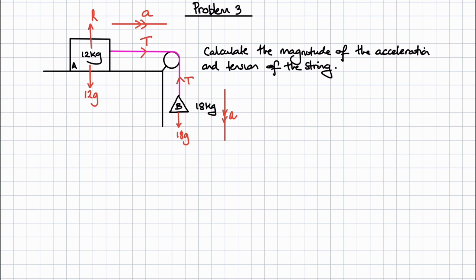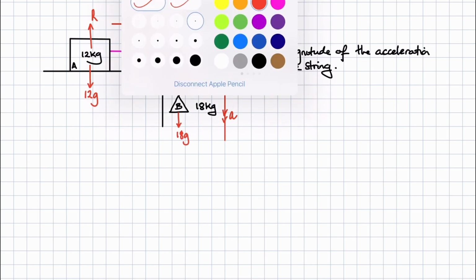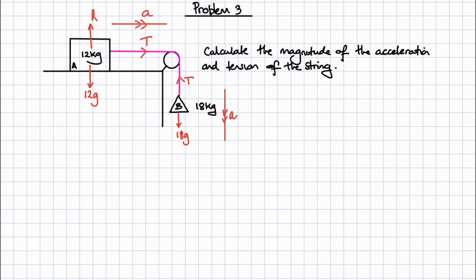Now both of these two objects are moving in different directions. If they're moving in different directions, we will have to set up an equation of motion for each particle separately. So let's start off with particle A. Particle A has a mass of 12 kilograms.